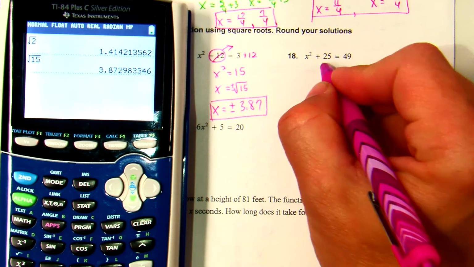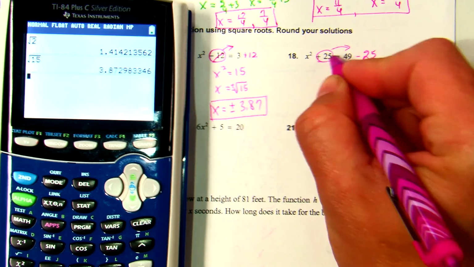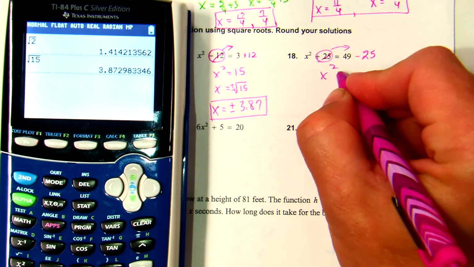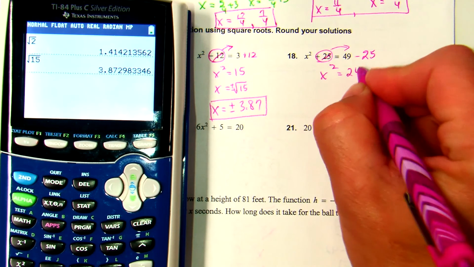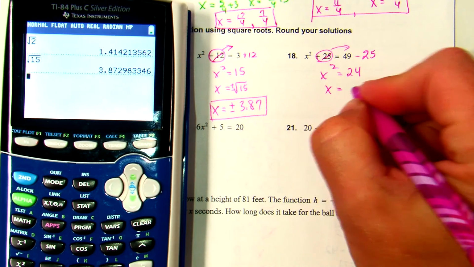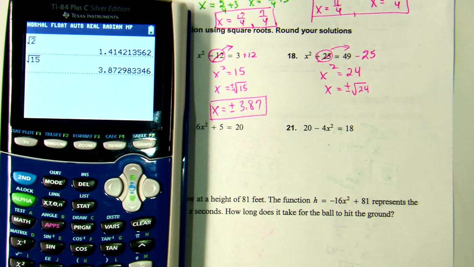Okay, on this one we're going to subtract 25 from both sides. To get rid of the 25 on that side, we're going to have x squared equals 24. We'll take the square root of both sides, so x is going to equal plus or minus the square root of 24. And we put that in here.